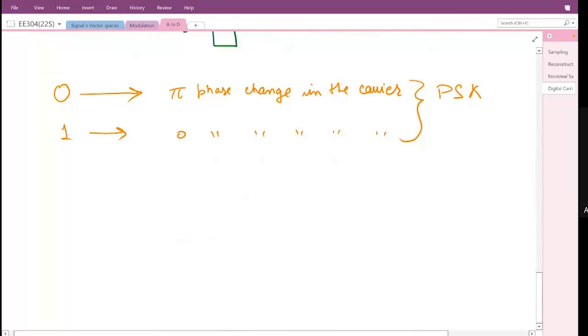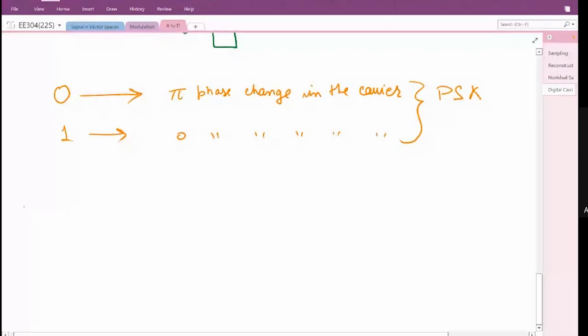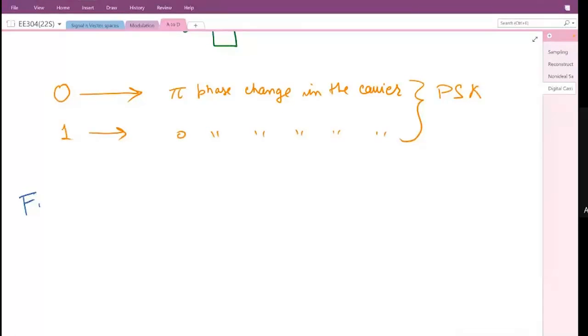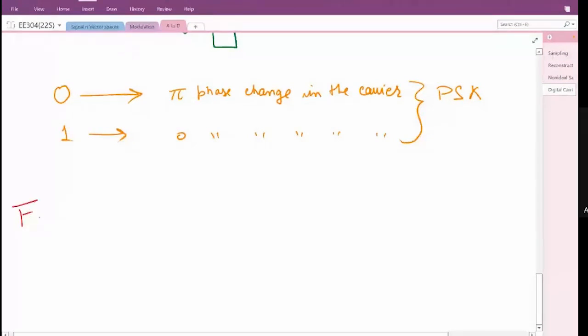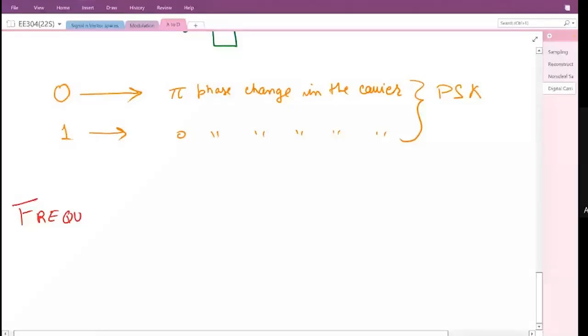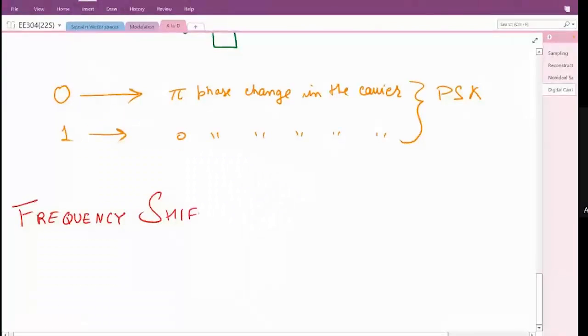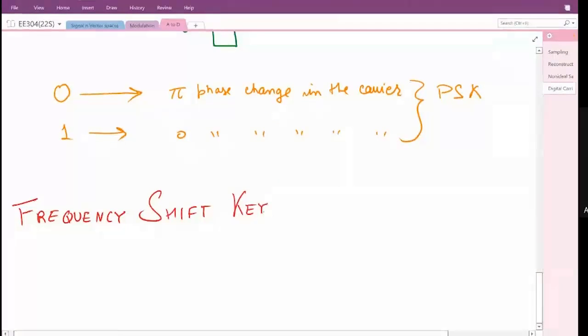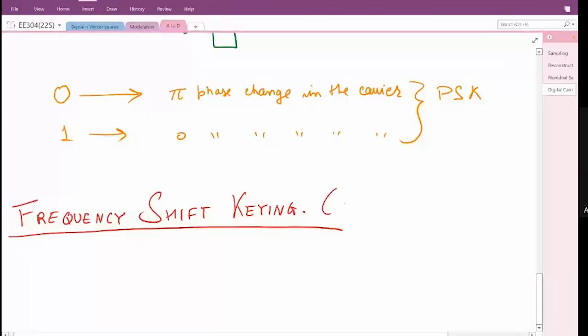Similarly, if I have to obtain the frequency shift key, now I'm just directly writing the name itself, because we have seen now, if instead of changing the phase or the amplitude of the carrier, the frequency of the carrier changes, then this is called frequency shift keying, denoted by FSK.